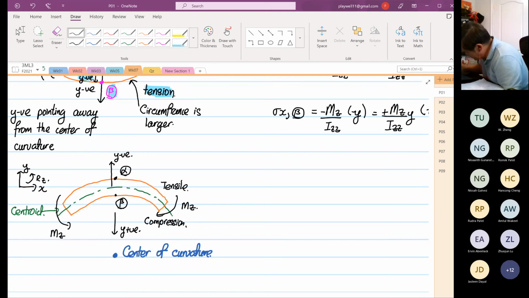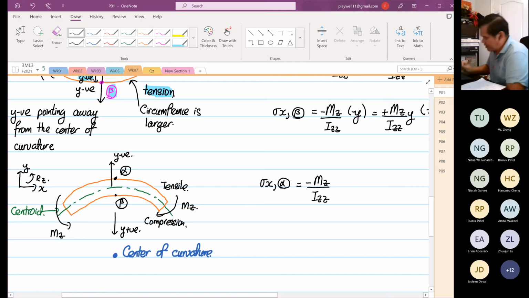So if we look at stress x at point alpha now, this is equal to, still, minus Mz over Izz. Now, can anyone tell me, is the Y of point alpha positive or negative now?